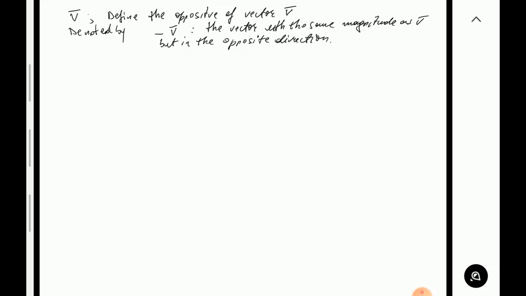Okay, so in other words, if we were to sketch it, if this is v, then the one which will have precisely the same magnitude but in the opposite direction, you can denote that by -v.